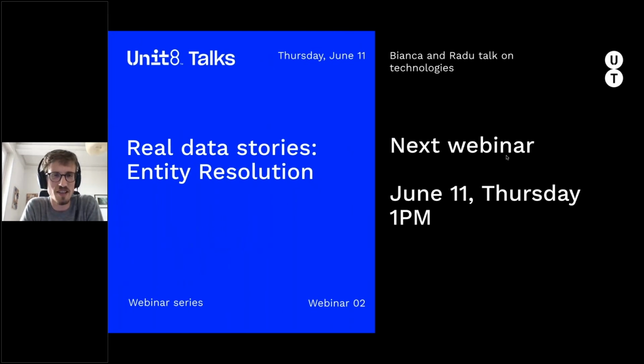What Radu and Bianca are going to talk about is entity resolution. That's a fairly important concept if you're a big company that wants, for example, to have one entity for each of its customers. If you've acquired other companies, sometimes it's really hard to reconcile the different data sets, and so that's a fairly important problem.